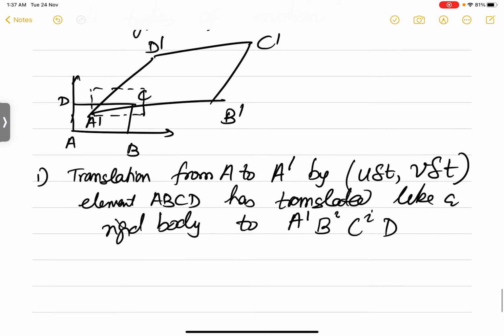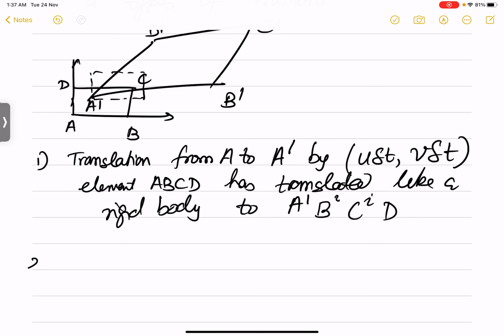So this is the first part. The second part we can look at is as if there has been a rotation of the element.